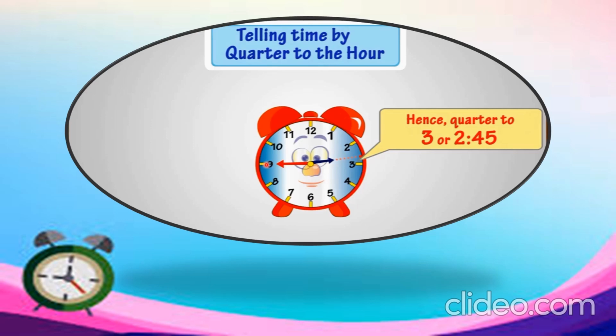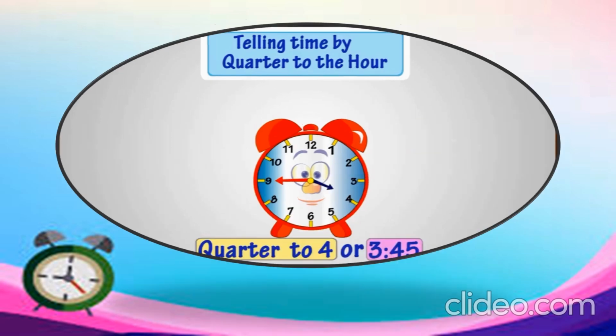For the next hour, how many minutes are left? Let's check here. It is 5, 10, 15. So 15 minutes left to 3 o'clock. We can read it as quarter to 3 or 2:45.